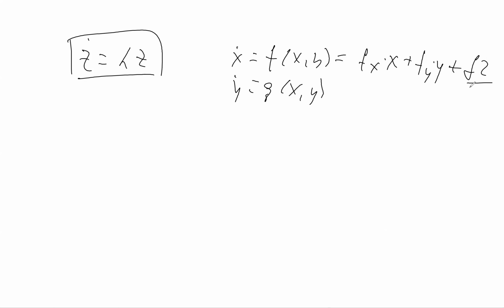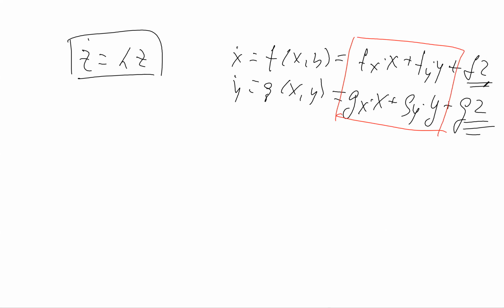So this is a remainder, which is second and higher orders. Here will be derivative of g over x times x plus derivative of g over y times y plus a remainder. So this is the linear part, and this is the nonlinear part: second order, third order, and whatever.